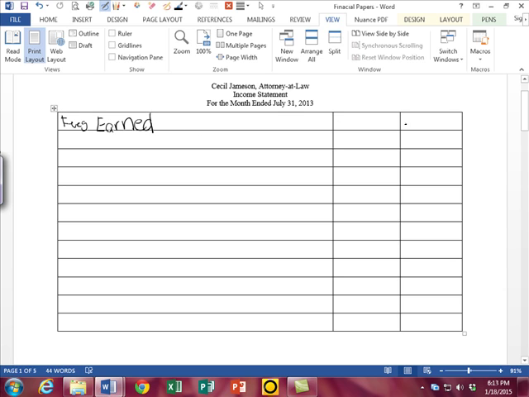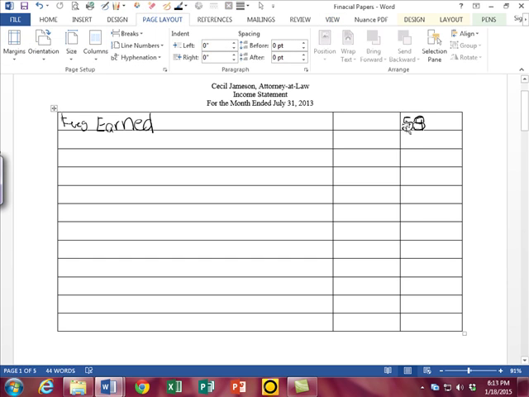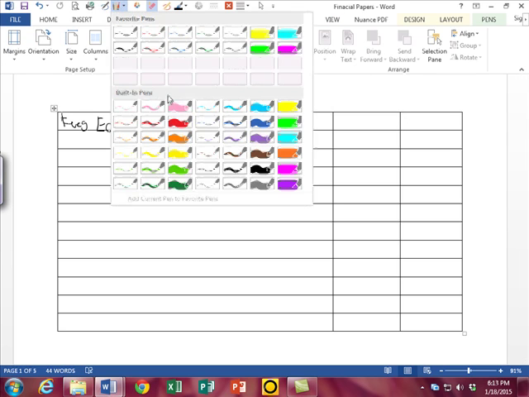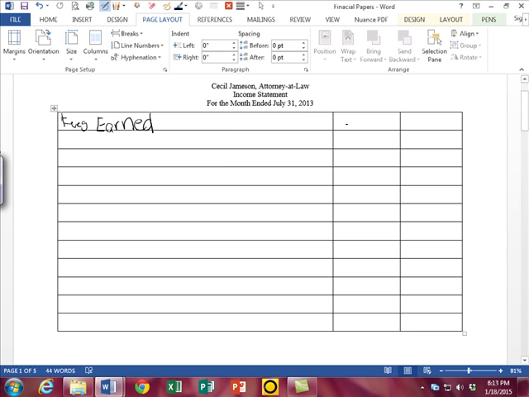That is the revenue account. We come all the way out to the right-hand side and write $5,953.